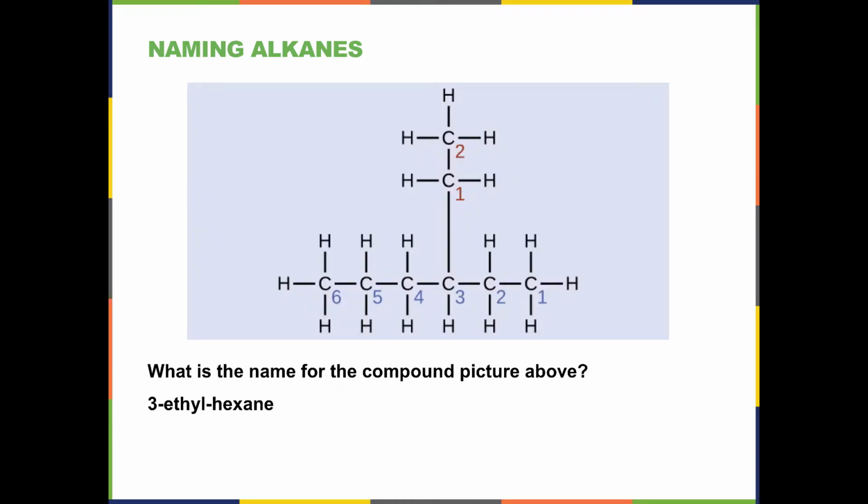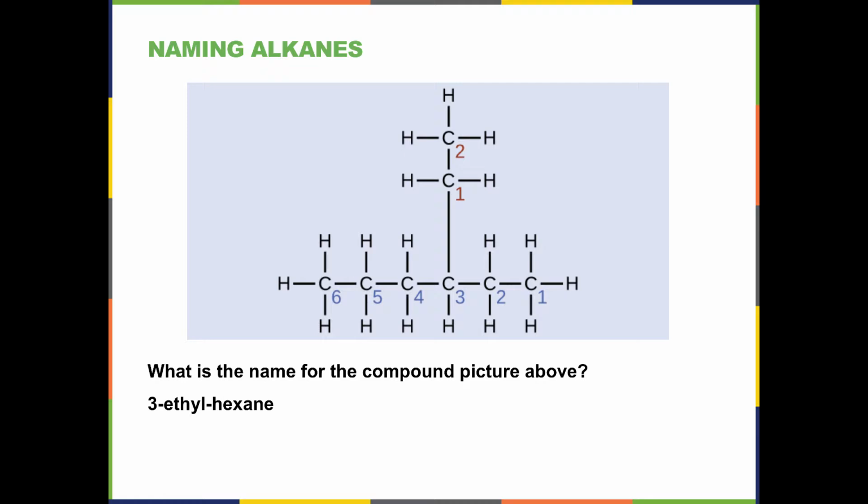And so, for example, here we have a structure that has, if you start either from the right or the left and draw, you can see that you can draw across 6 carbons, or you can go from where it says 6 to 3 and then draw up, and you still have 6 carbons.